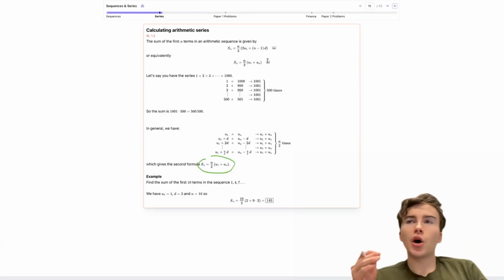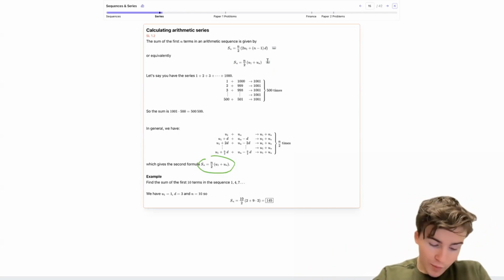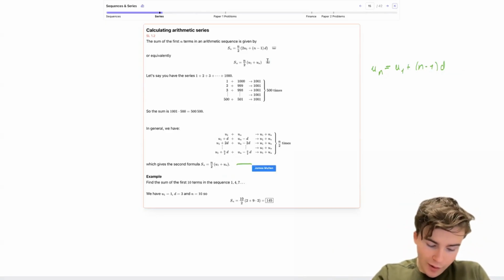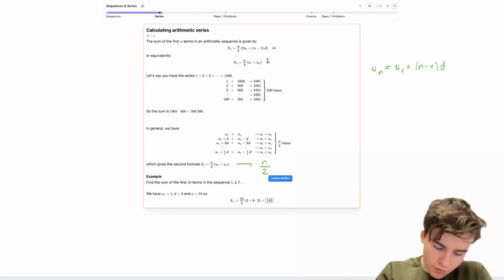It's more common that we know the first term and the common difference, and we know how many terms we want to sum, right? But what we do know already from previous work is that Un is U1 plus (n minus 1)d. So if I take this formula and replace Un with U1 plus (n minus 1)d, I get n over 2 times U1 plus, and now I put in what I know, U1 plus (n minus 1)d.